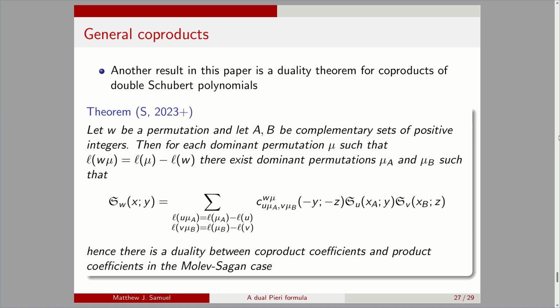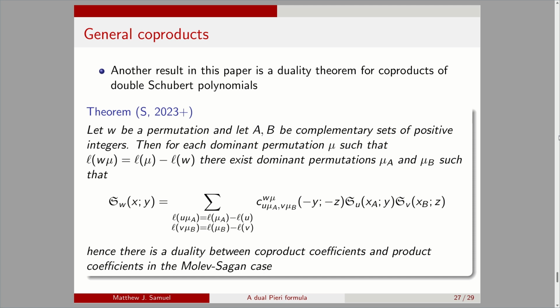So let W be a permutation, and let A and B be complementary sets of positive integers. Then for each dominant permutation mu, such that the length of W mu is equal to the length of mu minus the length of W, there are dominant permutations that you can derive from mu sub A and mu sub B, such that SW of xy is the sum of these Molev-Sagan coefficients, C^{W mu}_{u mu_A, v mu_B} of minus y minus z times Su of xA and y times Sv of xB and z.